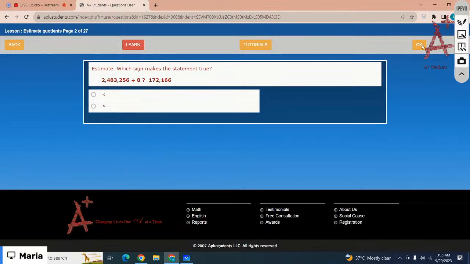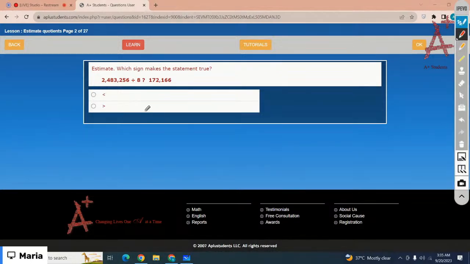Okay, the next one is 2,483,256 divided by 8, right? So here you have 8. 8 times 3 is 24, right? So I'm going to estimate the number to 2,400,000 divided by 8. 8 times 3 is 24.